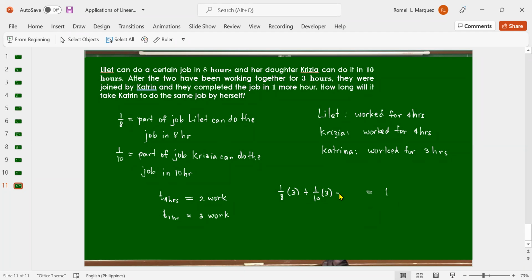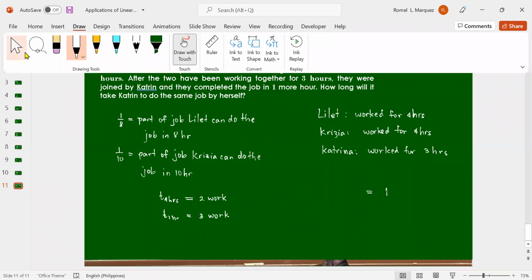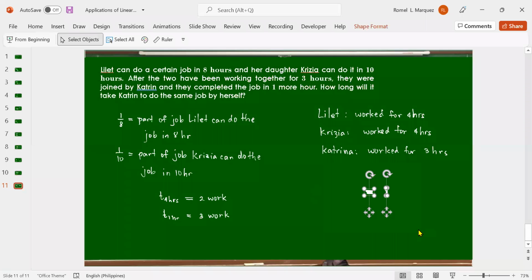Plus, ito pala 4. 4 to. 4 plus 1 over, basta kayo na ha. Parang ako na nagsagot. Okay, guys? Get it? Binigyan ko na kayo ng hint. Okay, any question?